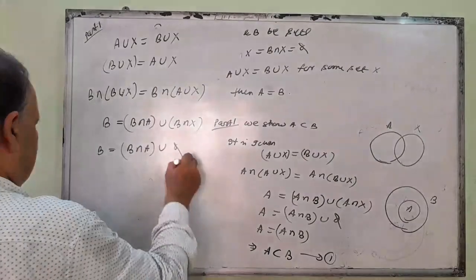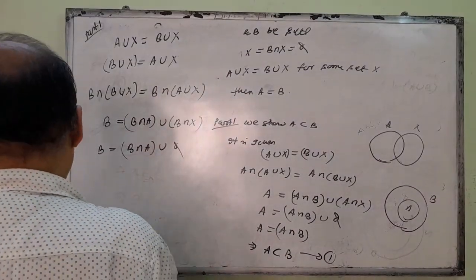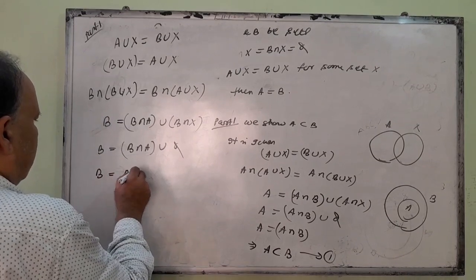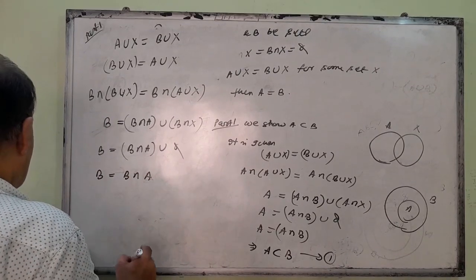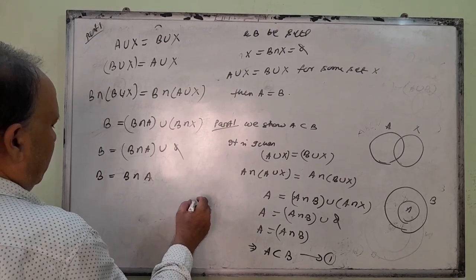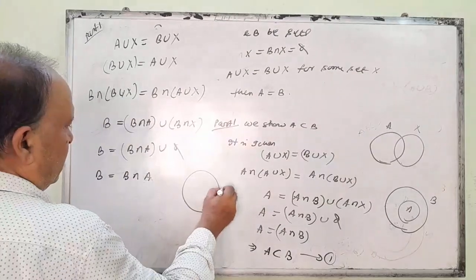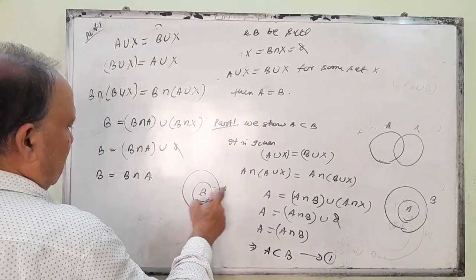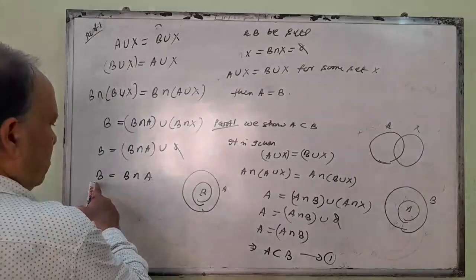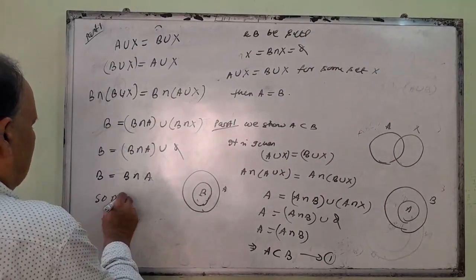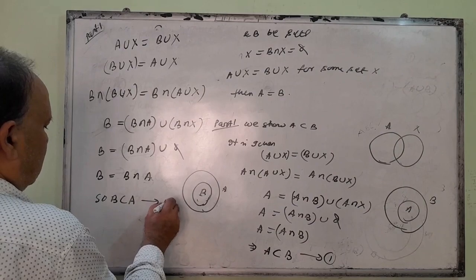From the hypothesis, B intersection X is phi. So B is equal to B intersection A. So B is a subset of A. This is part 2.